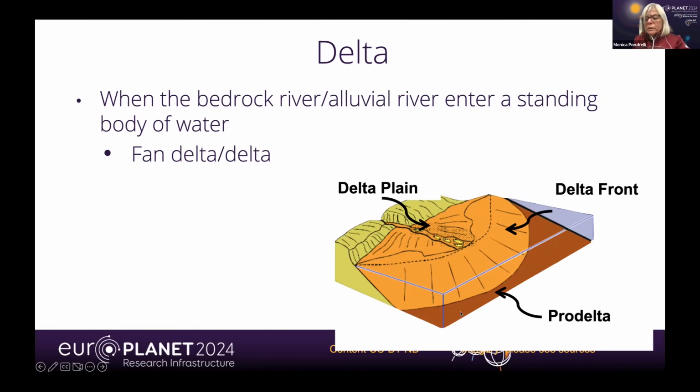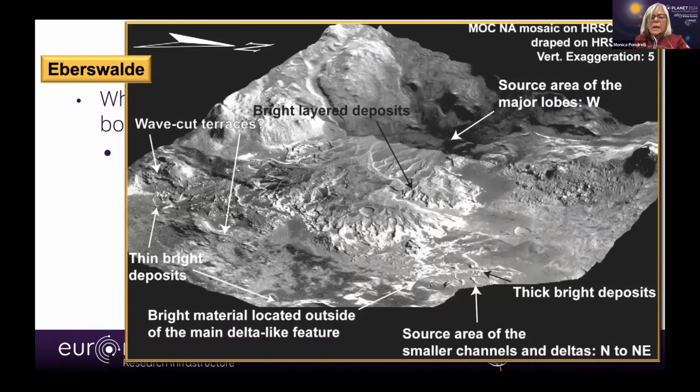And then we have the prodelta, which is below the wave action. And again, Eberswalde is a classical example of delta deposit with delta plain, delta front also here, and prodelta deposits.